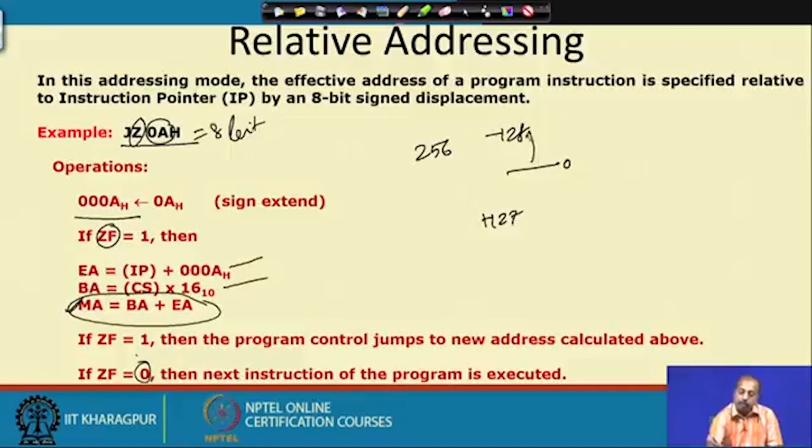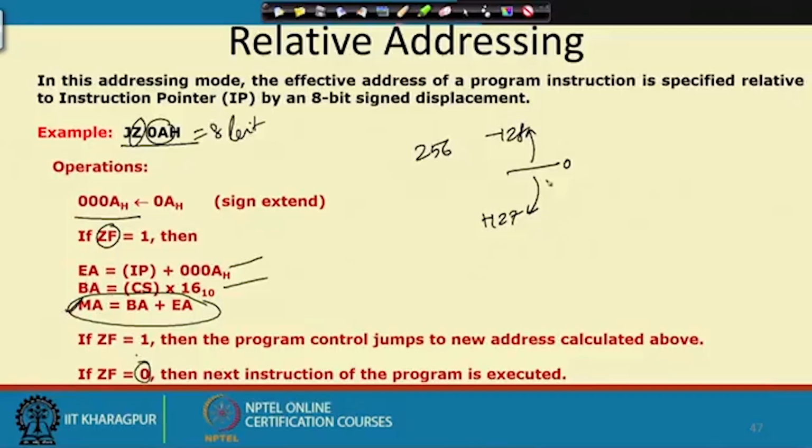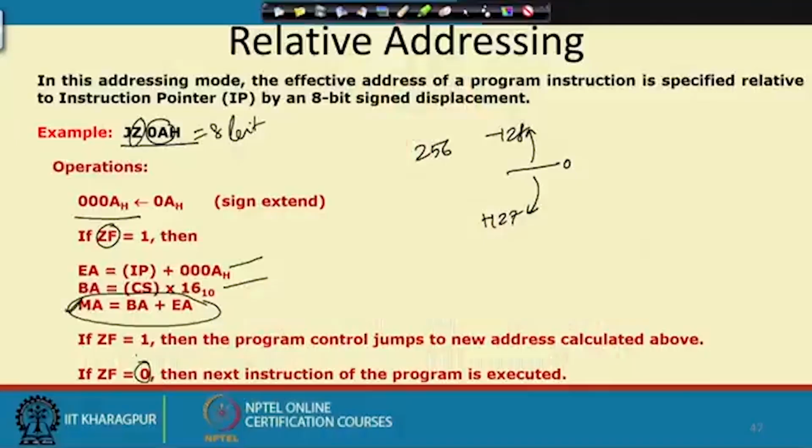From there you can go back by minus 128 locations, or you can come forward by plus 127 locations. Unlike the ARM processor, where it was plus minus 32 MB, which was quite a big number, here it is restricted. For relative addressing it is only 8 bit. Of course, we have other types of branching in which you are not restricted by this 8 bit, but relative addressing is 8 bit.